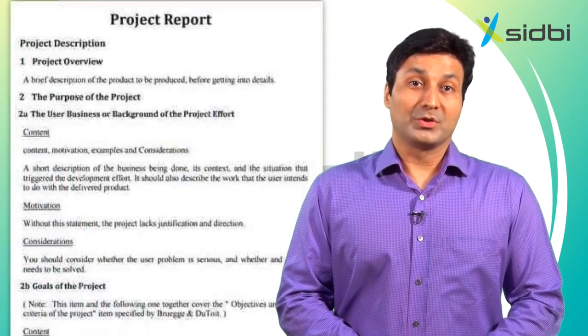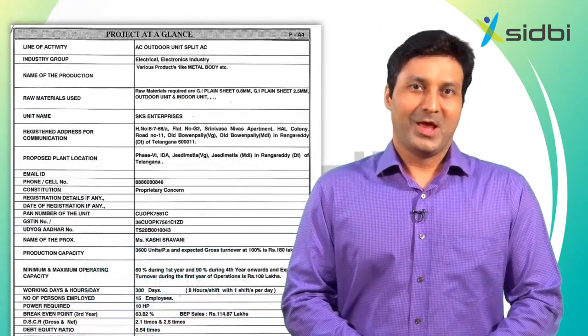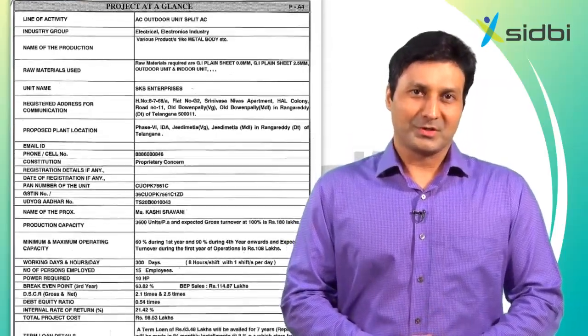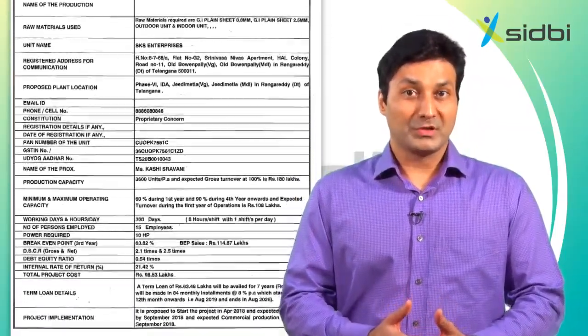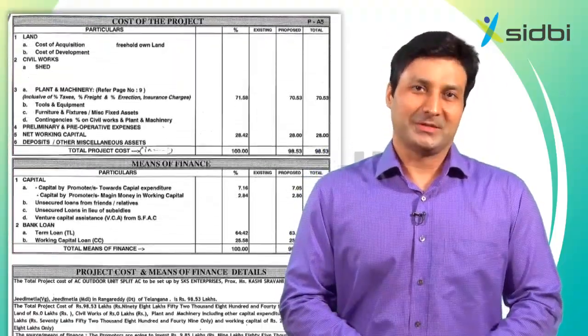This takes us forward to the next step, a business plan or project report. A project report is a document which gives an account of the project proposal to ascertain the prospects of the proposed plan or activity.